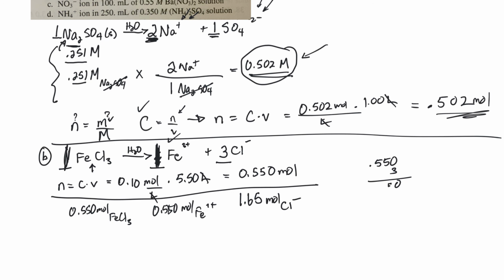That's 1.65, and 3 decimal places. Yeah, that's right. For sig figs, I should have 3 sig figs. Looks like I have 3 done. Okay, so hopefully that helps you out in determining ion concentrations in a solution.